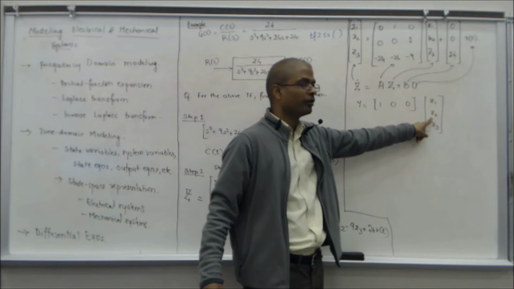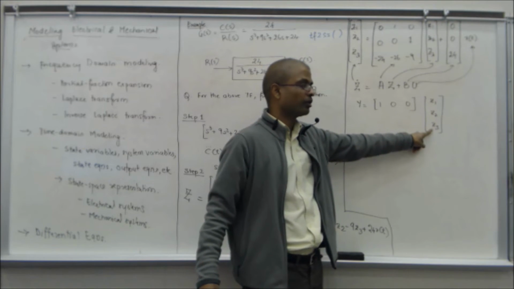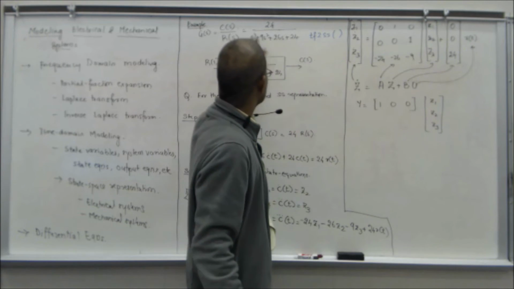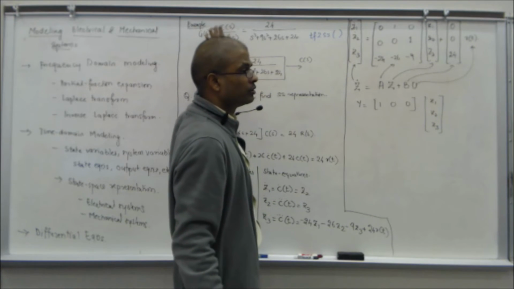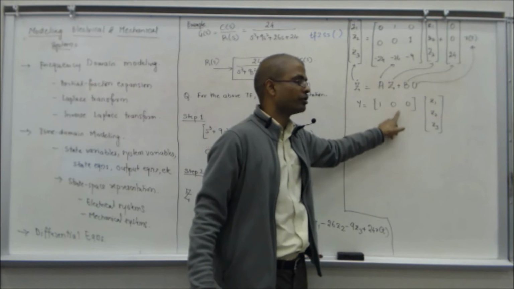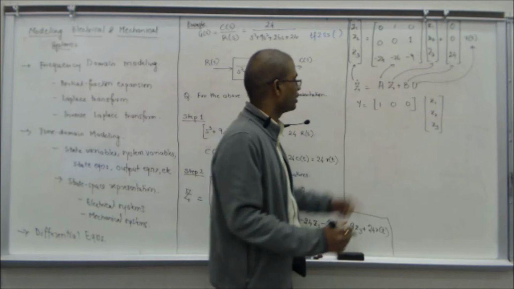This is C dot of t. This is C double dot of t. But your output is just C from this Z1. That is the reason you have 1, 0, 0. So if you expand this, what are you going to get?